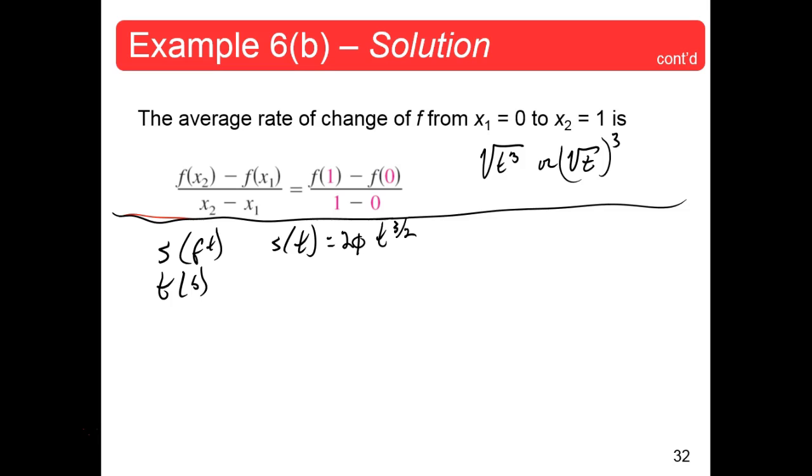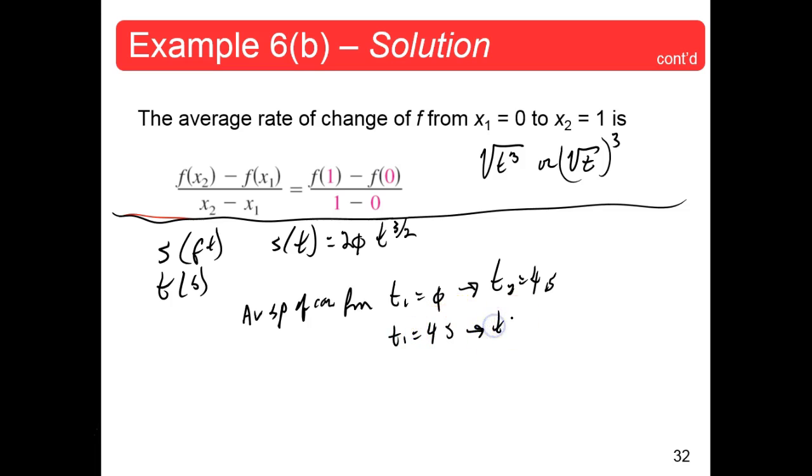Find the average speed of the car. So we want the average speed of the car from t1 equals 0, so that's from a stop, to t2 equals 4 seconds, and then we'll do another one, t1 equals 4 seconds to t2 equals 9 seconds.